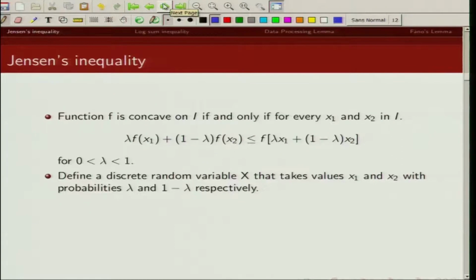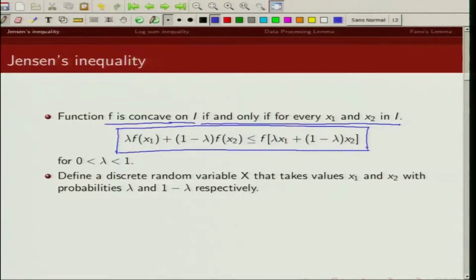Now, we will show some more ways of proving whether a function is concave or convex. If you have a function f which is concave over an interval I, then it is concave if and only if for every x1 and x2 which belongs to this interval I, this relation holds.